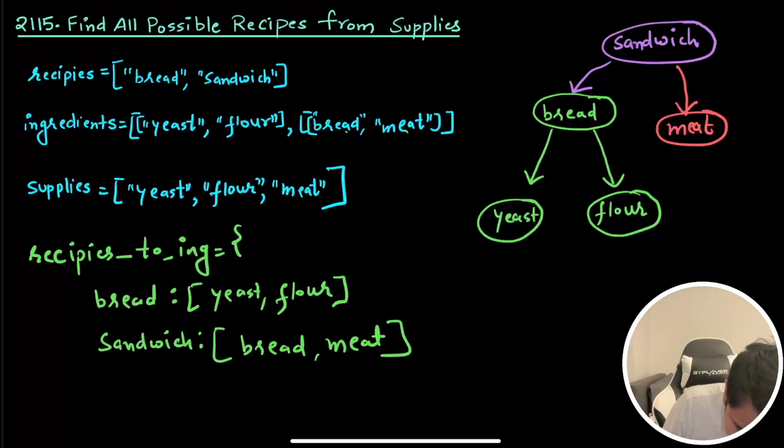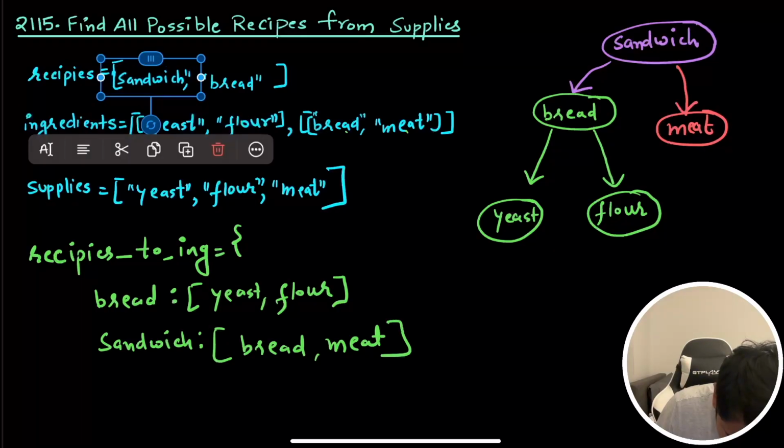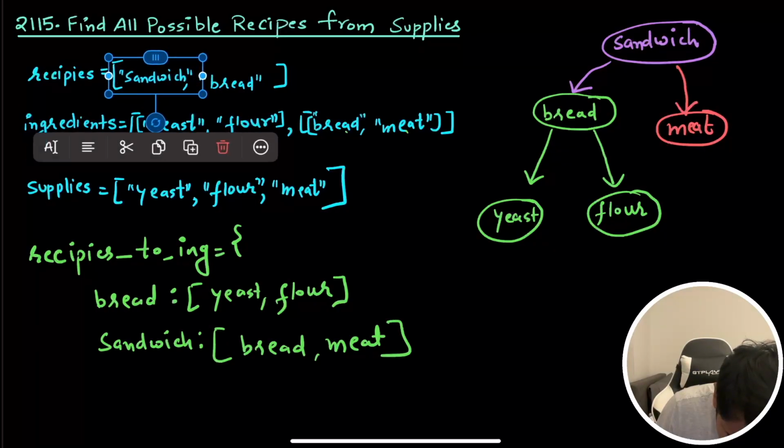But what if these two were switched? If I put sandwich right here and bread right here, with sandwich in the first place, then what do we do now? Well, it will not make any difference. Why? Let me show you.